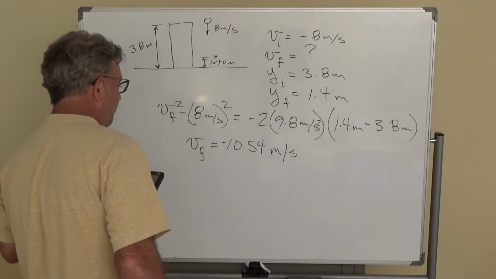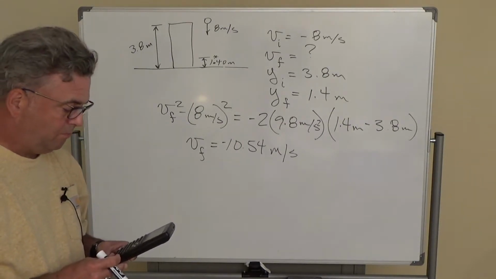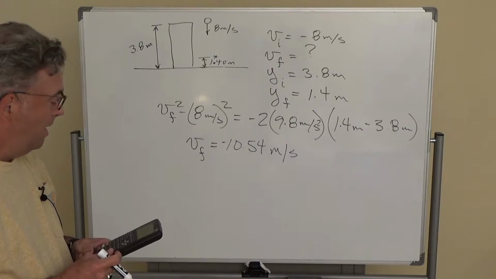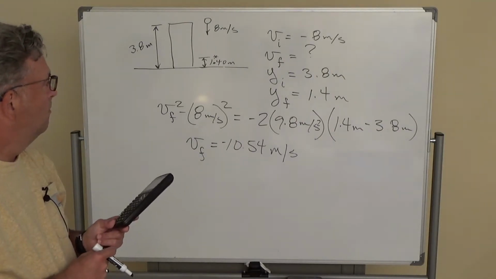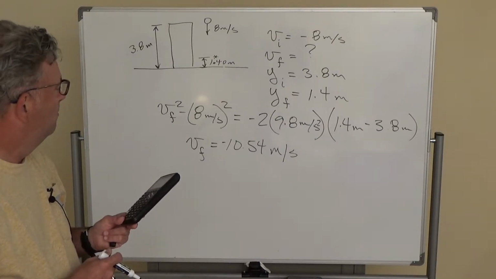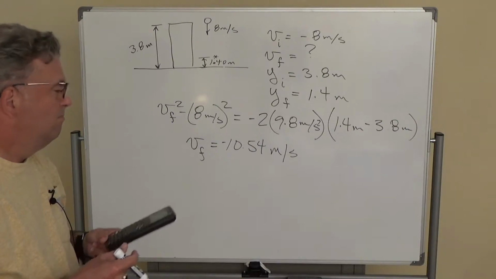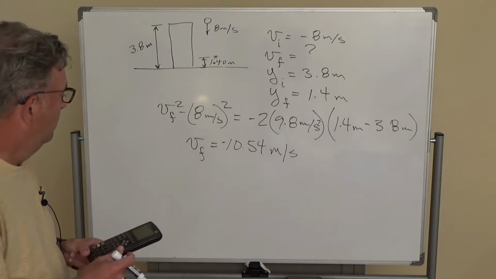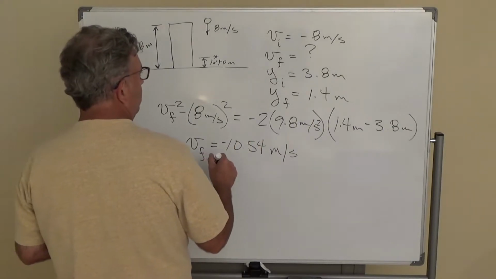That's going to be negative, by the way. Did anybody get that answer or something close to that? The numbers on mine were a little bit different, but I got negative 10.07. Yeah, okay. So the difference is V final minus V initial.